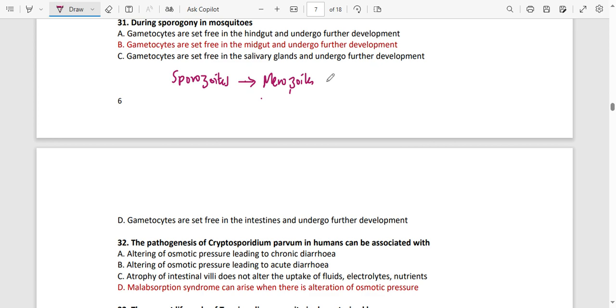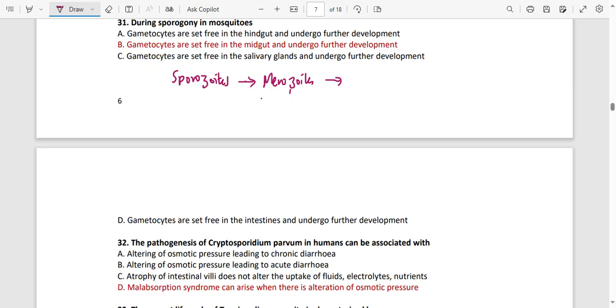They are going to transform and they are going to form again schizonts. Actually, what is going to be produced when the liver ruptures is going to be the trophozoites, isn't it? So those trophozoites are going to be released and then they are going to go to the red blood cells. In the red blood cells, they are going to again start another cycle.